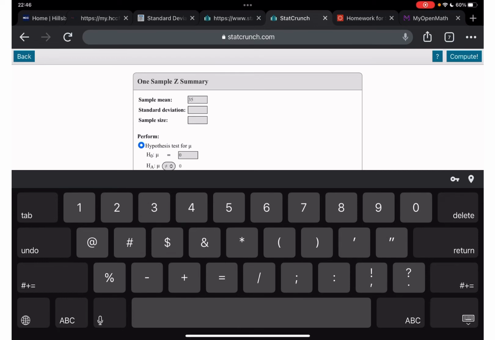It will work with the summary, okay? So it doesn't matter that I left it there in the Statcrunch. So standard deviation 0.92. Sample mean, not sample size. That was sample mean, 98.24.